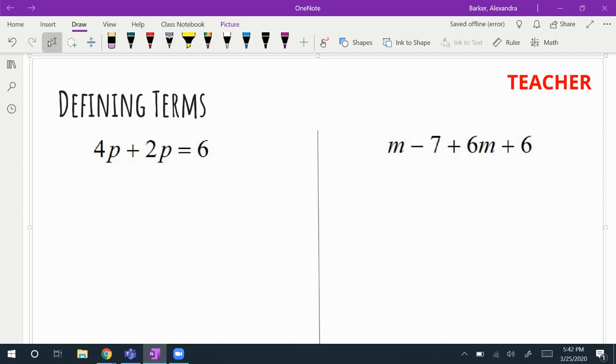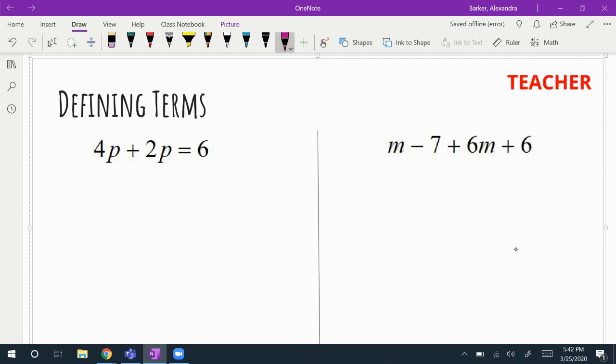Then we looked at distributing a number and then finishing solving the equation. But sometimes we're going to have a situation like this, where we've got more than one variable in the equation or expression, and we need to combine them together. So we need to review what these are.